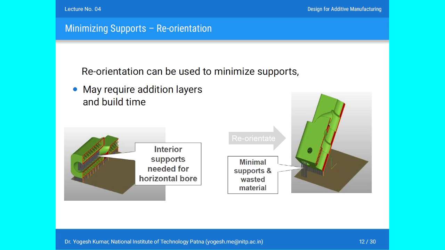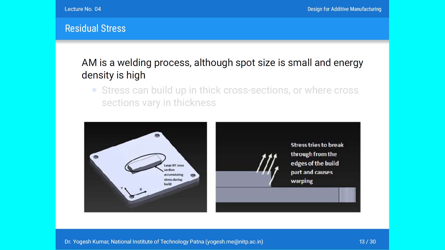This is how we need to take care of the support which gets printed in metal additive or any kind of additive manufacturing process. Then the next issue is residual stresses, because additive manufacturing is a welding process.